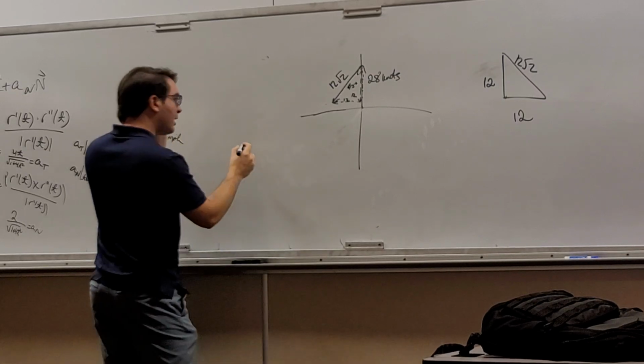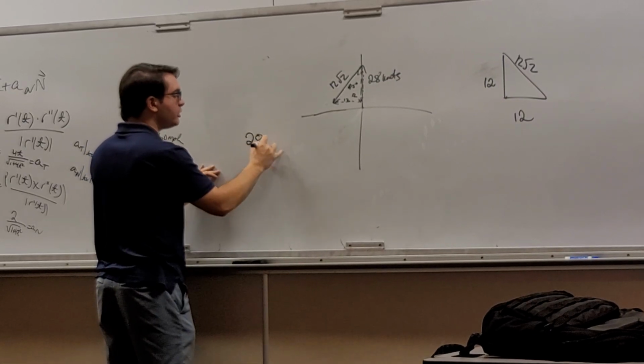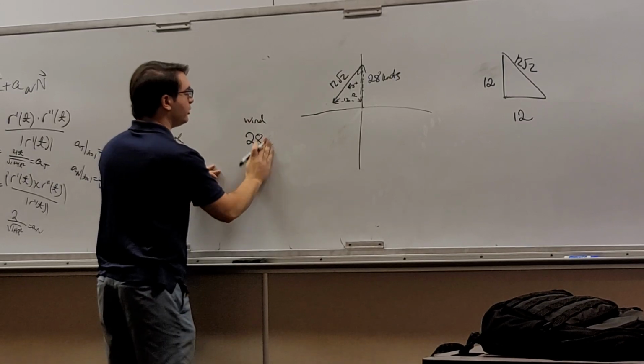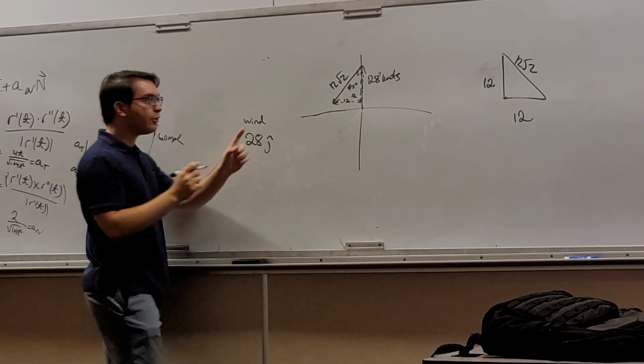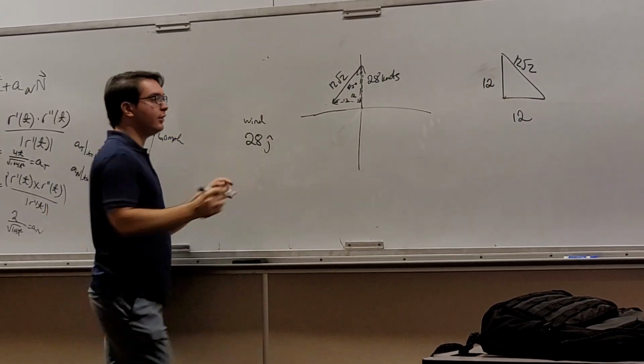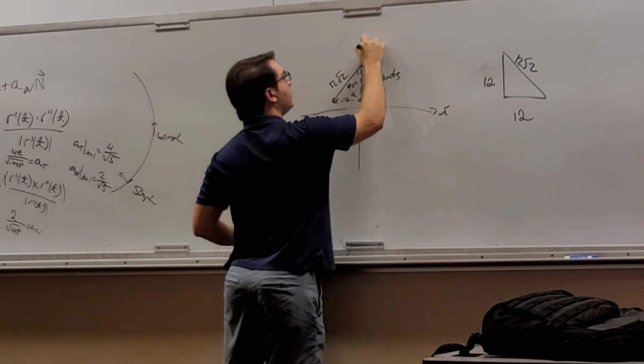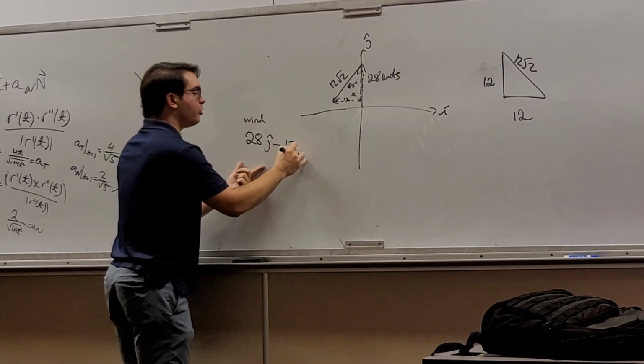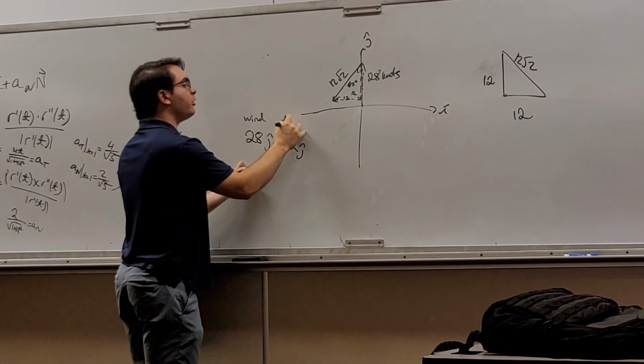So now I'm summing up what I have. I have an upwards 28J. Sorry, J, 28J, that's upwards. Minus the 12J from the downwards component.